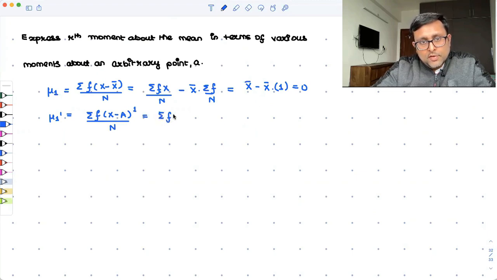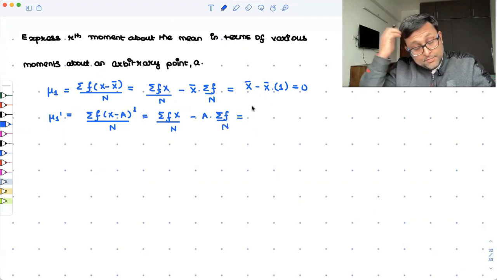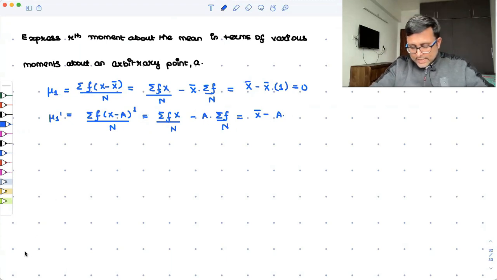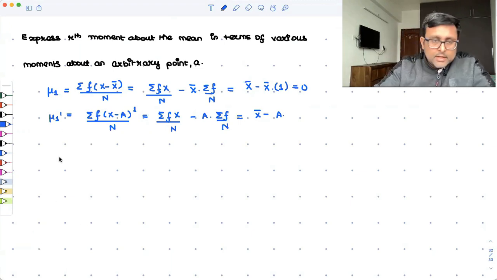So it is summation of fx upon n minus a, being constant, will come out of the summation sign, upon n. So summation of fx upon n is nothing but x bar minus a, and here summation of f upon n is just 1. So basically mu1 dash is x bar minus a.